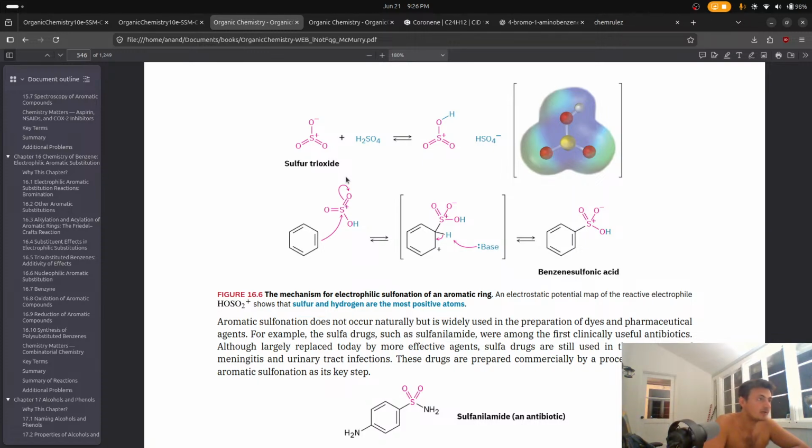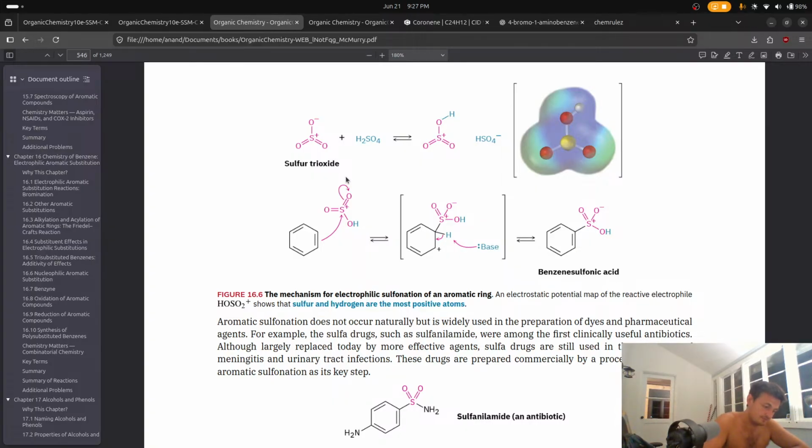And then we get phenyl with H and S, double bond O, single bond O minus, and then plus, and then OH. And then what happens is it's the same thing. A base comes in and takes H and pops it onto the double bond.